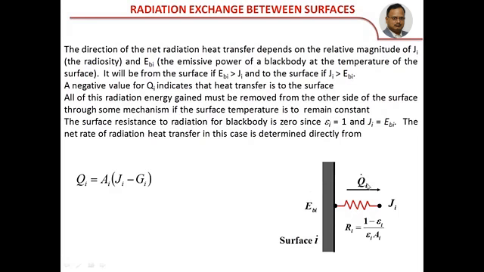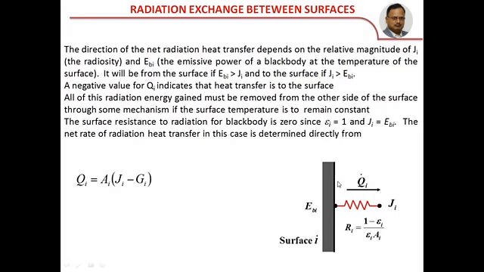If you get Q I negative, it indicates that heat transfer is to the surface. So when you are dealing with a negative value, you have to subtract it.